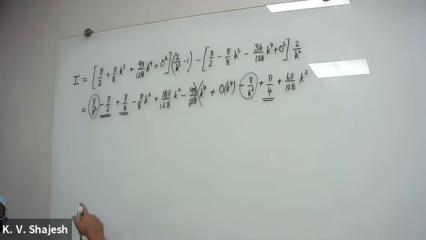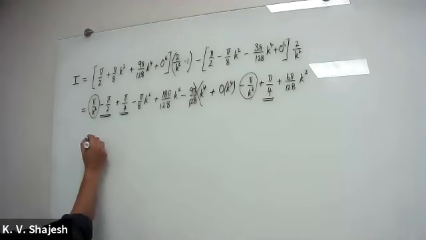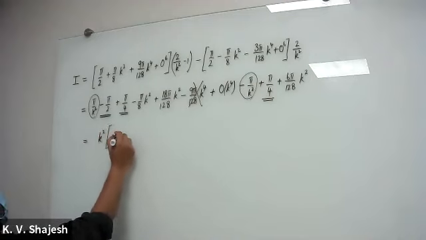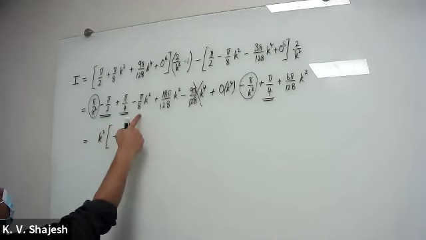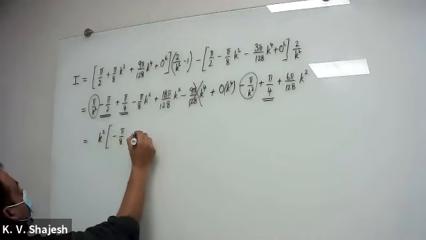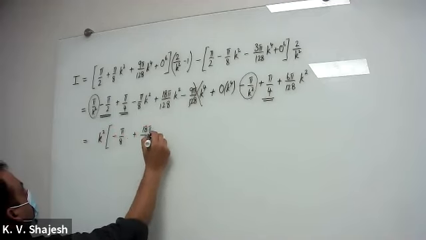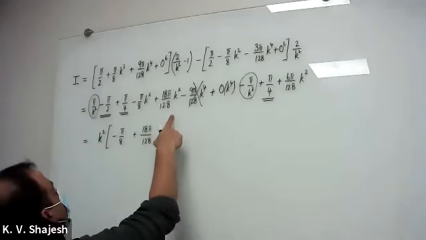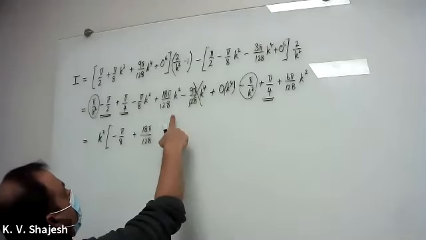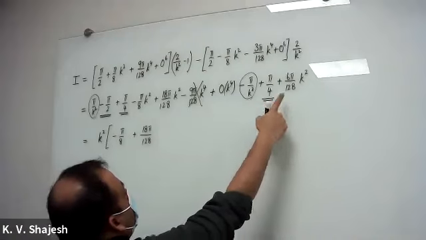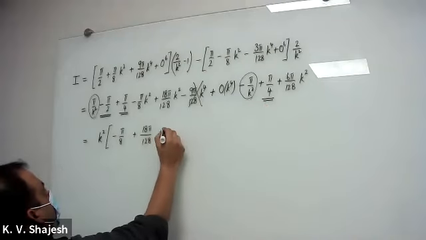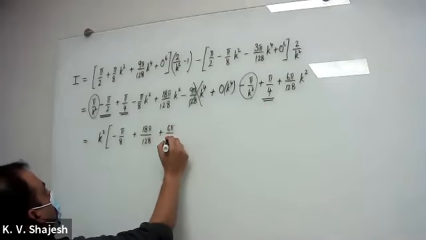So the next chunk, this k squared comes out minus pi over 8 plus 18 pi over 128, and rest everything is gone. It's plus 6 pi over 128, I guess, right? Plus order k raised to 4.